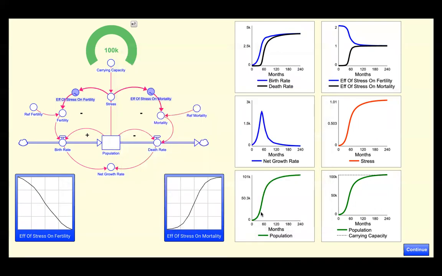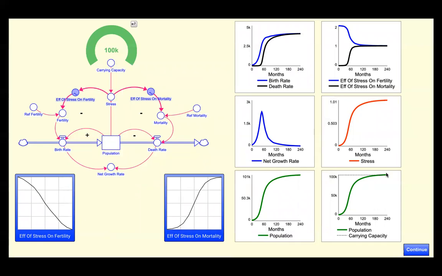Over time, this will cause a shift in feedback loop dominance from the reinforcing positive feedback loop towards the balancing negative feedback loop. The resulting dynamic development in the population level is an S-shaped growth governed by reinforcing feedback in the first half of the development and balancing feedback in the latter half of the development.